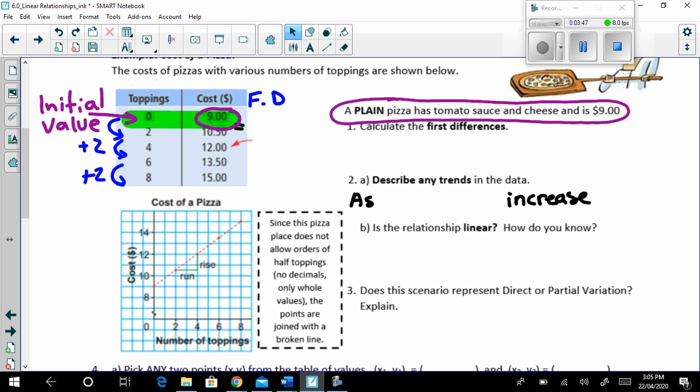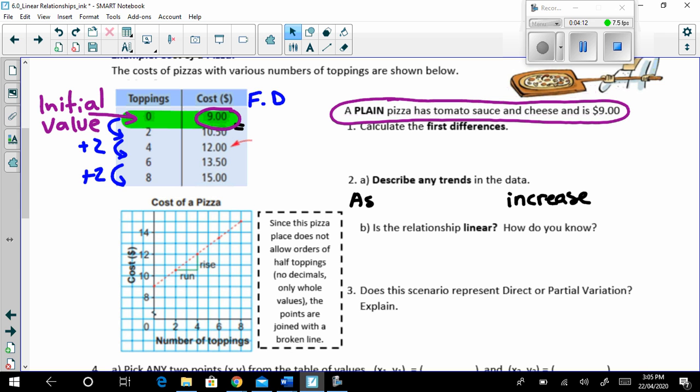Is x the toppings or is it the cost, the total cost? So then you would say as blank increases, so does the other thing, or maybe the other thing decreases or whatever. So you're just kind of talking about what's happening. You do not need to use any numbers here.